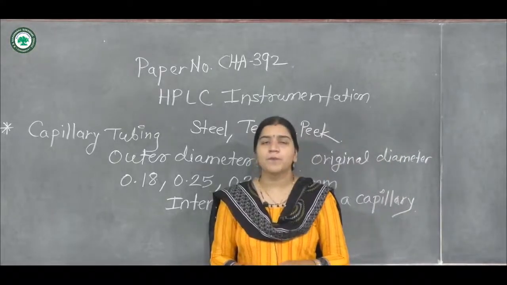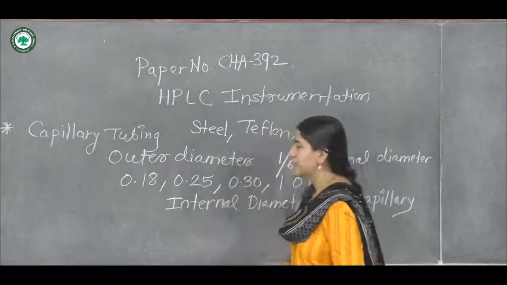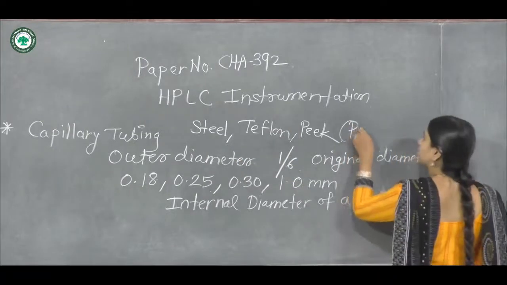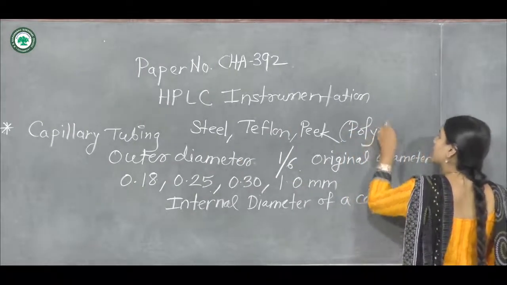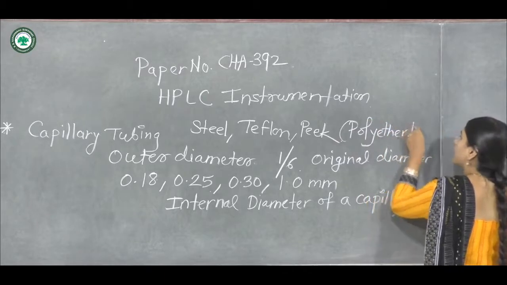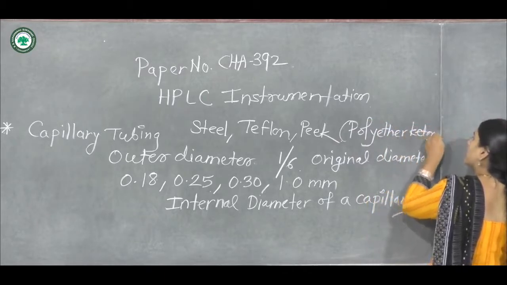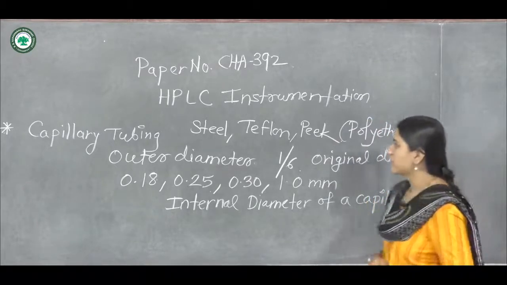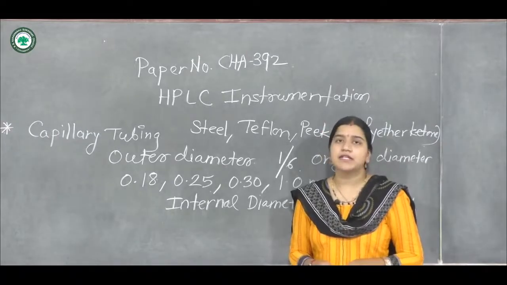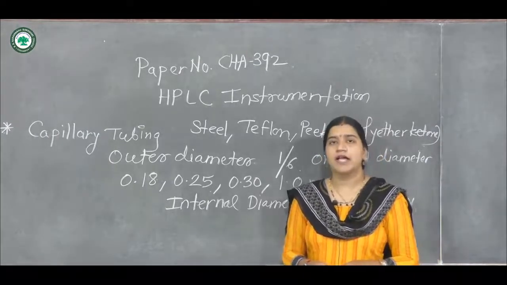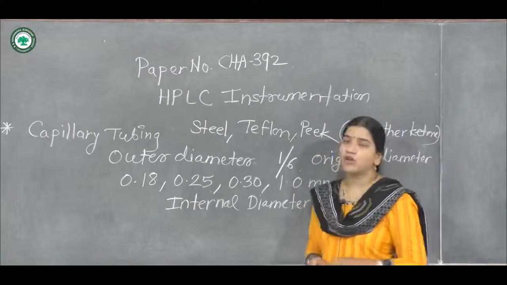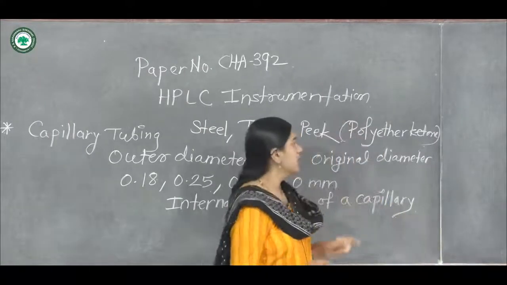The long form of PEEK is polyether ketone. So generally capillary tubings are made up of either steel or Teflon or PEEK, that is polyether ketone.